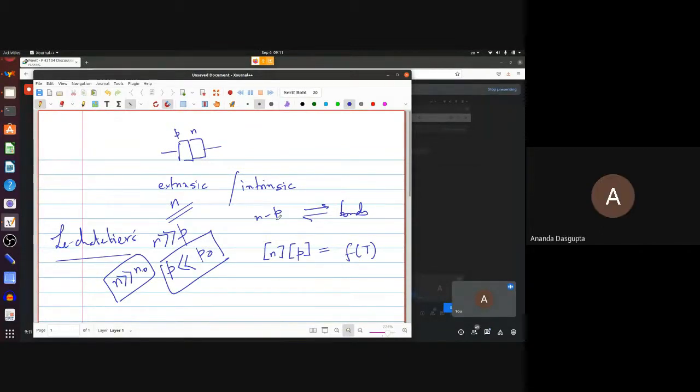Well, usually if you have a current, remember that statement, this bond breaking and recombination is an equilibrium situation. If you have a voltage which is driving a current through the circuit, the charge carriers may be swept out too fast for them to recombine. This recombination, this Le Chatelier principle, the concentration of N times the concentration of P is a temperature dependent constant.